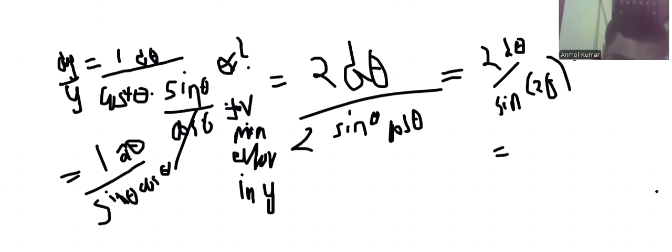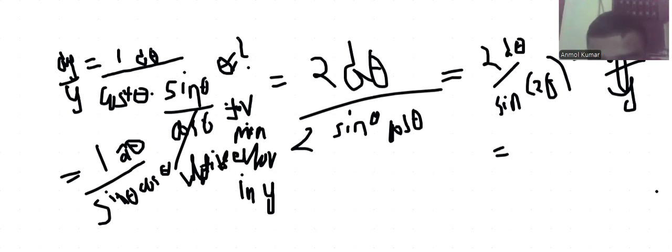For minimum error, it basically means minimum relative error only. So minimum relative error, delta y upon y or dy upon y, you can say it easily in case of division. So this whole term, 2 d theta upon sin 2 theta, has to be minimum. So when it will be minimum, sin 2 theta has to be maximum.